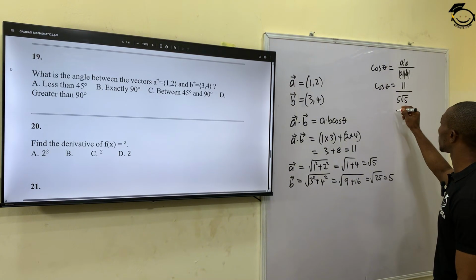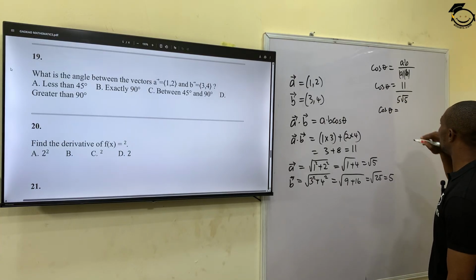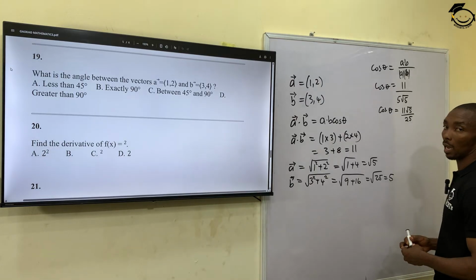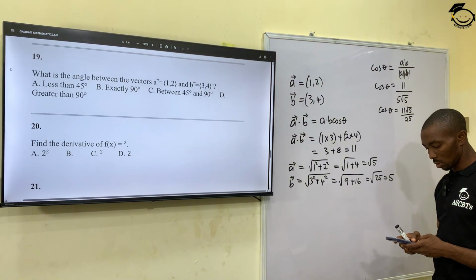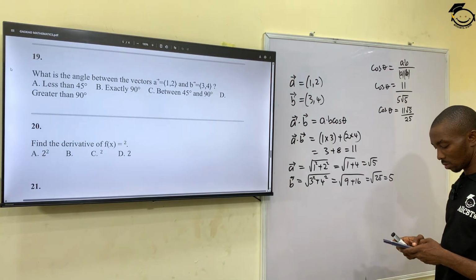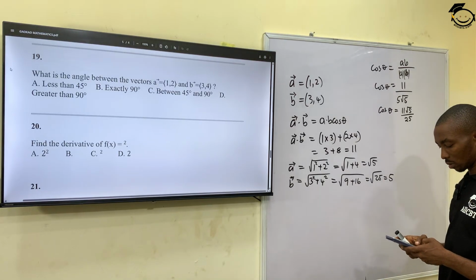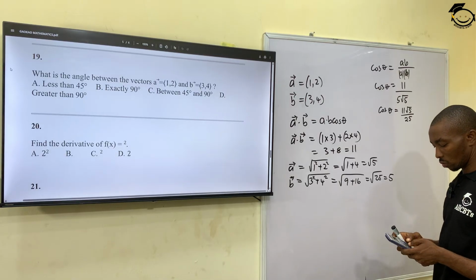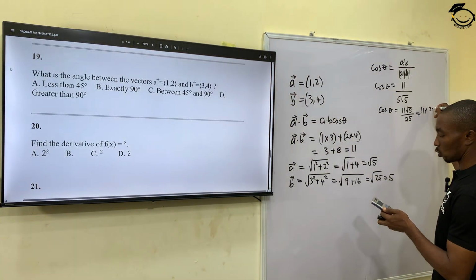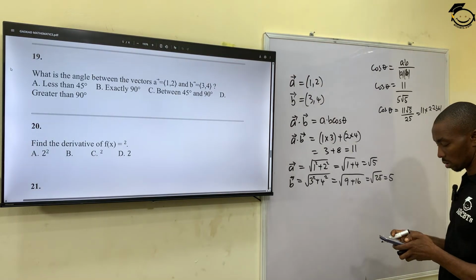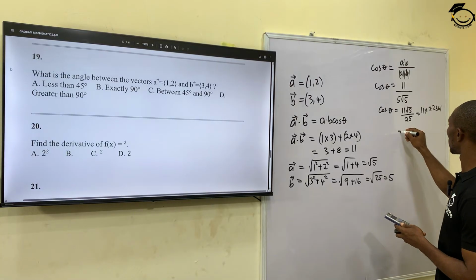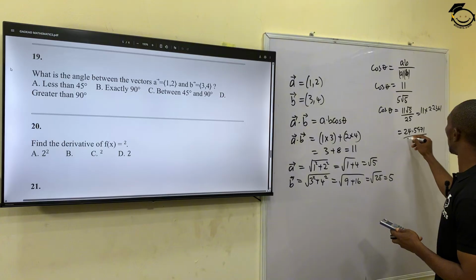Okay, now if we work on this, this gives us cos theta. Rationalizing our denominator will become 11 root 5 over 25. And root 5 times 11: root 5 will give us 11 times 2.2361. 2.2361 times 11 would give us 24.5971 all over 25.